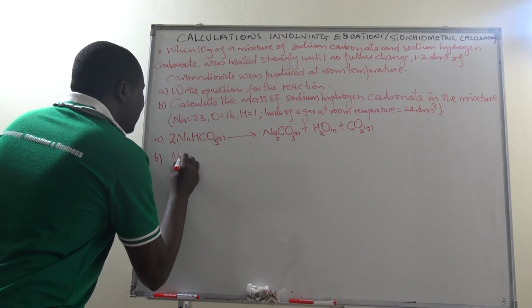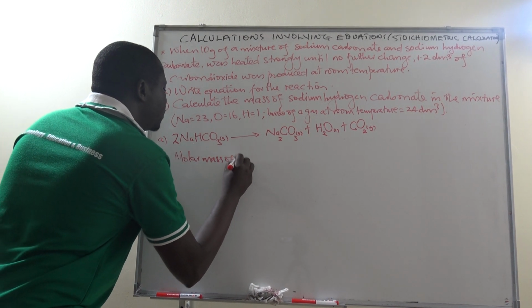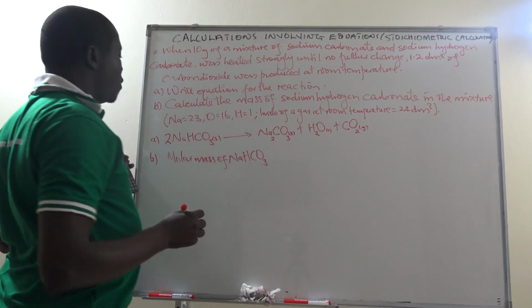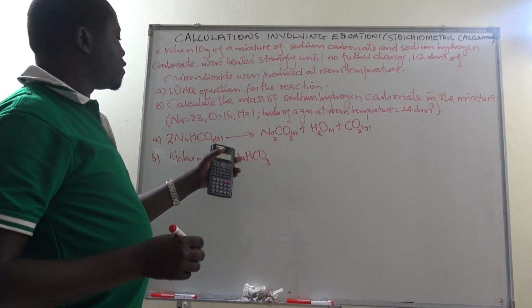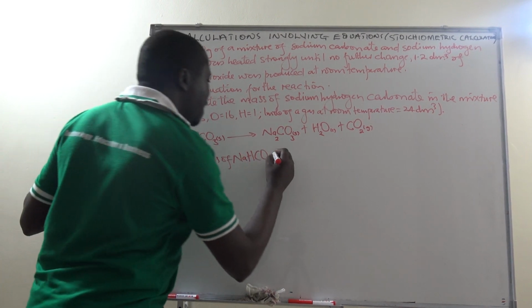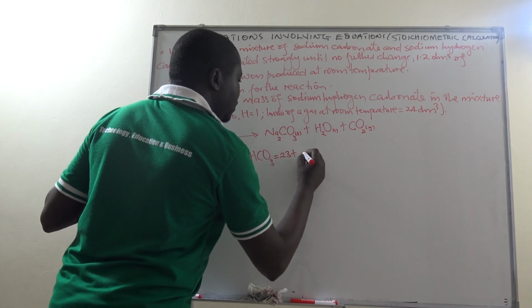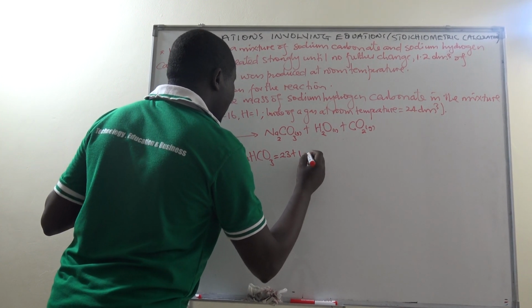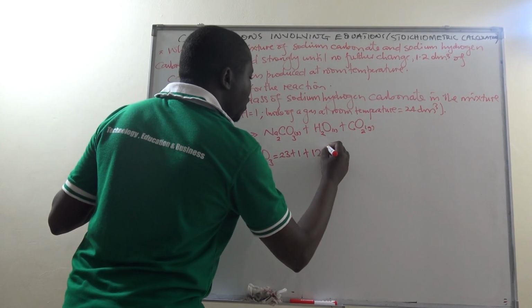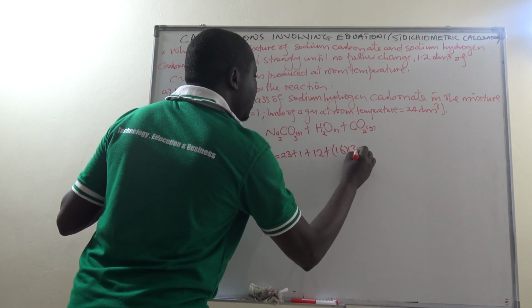So we get firstly the molar mass of sodium hydrogen carbonate. Since we are going to look for the mass of sodium hydrogen carbonate but not the volume, we first get the molar mass, which is 23 plus 1 plus 12, that is carbon, and then oxygen is 16 times 3.